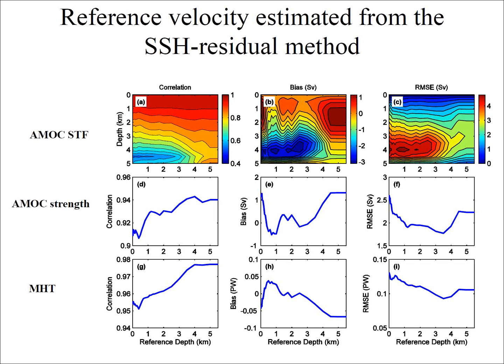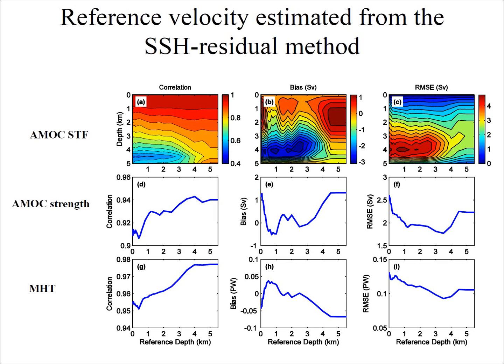And if you go in terms of AMOC strength and heat transport, we see that the correlations are pretty high using any reference depth. And of course, at 3,700 meters, we seem to have the highest correlation, and bias close to 0, and the RMS is below 2 meters.